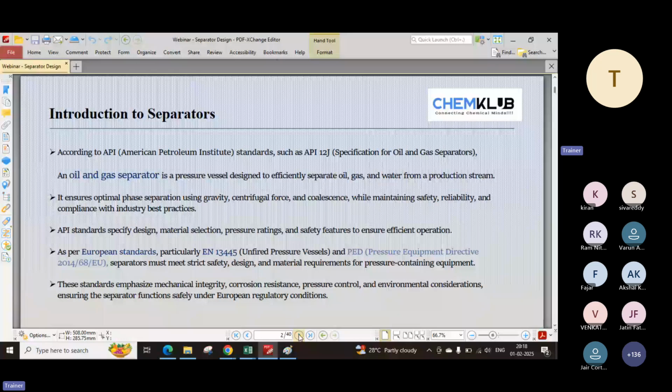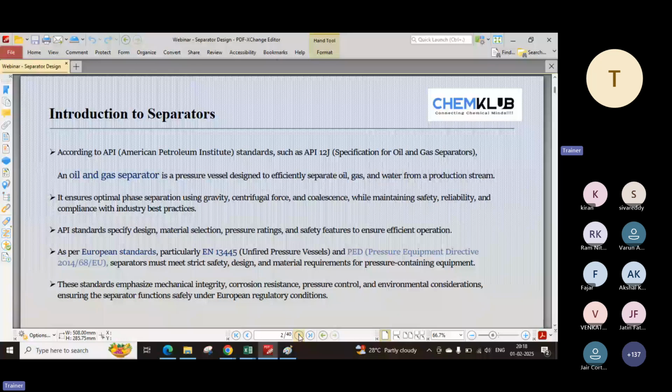Majorly separation is happening because of gravity, or you can force the separation by using centrifugal force, or the separation may occur when small particles coalesce together and form a larger droplet and may rise from the water to the oil part or oil to the water side.